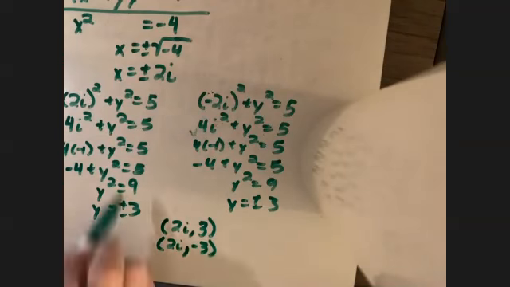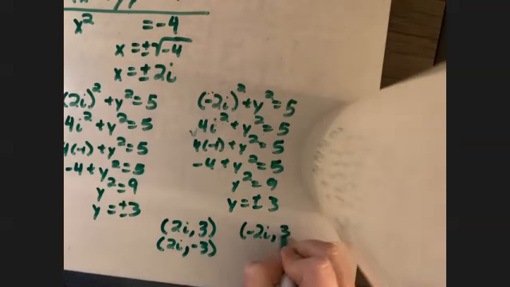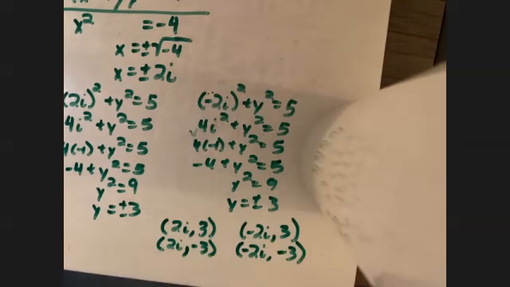That came from this first set over here. And then from this second plug-in, I have -2i, 3 and -2i, -3. Okay, so there are our solutions for that.